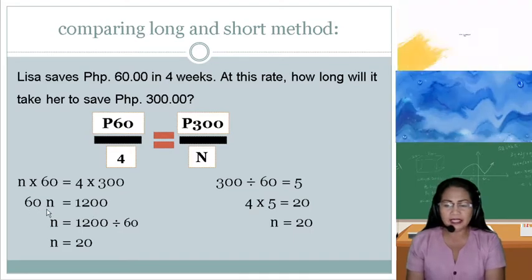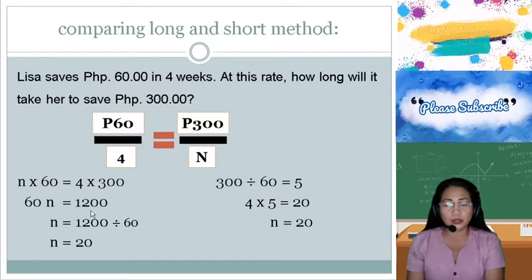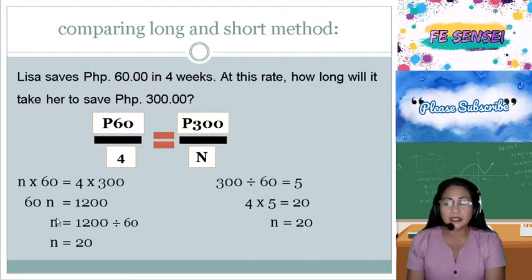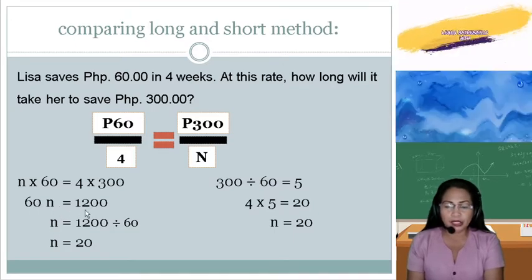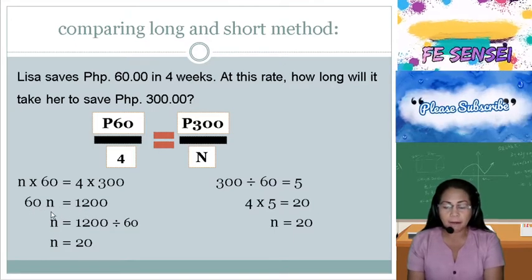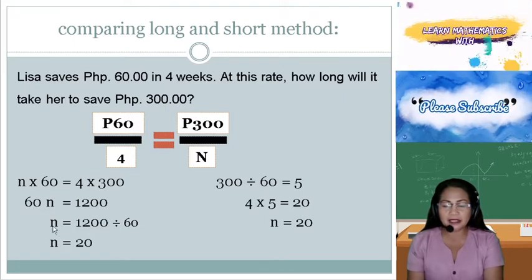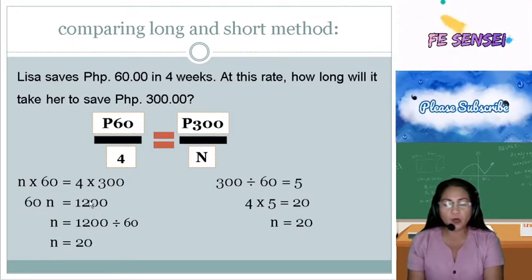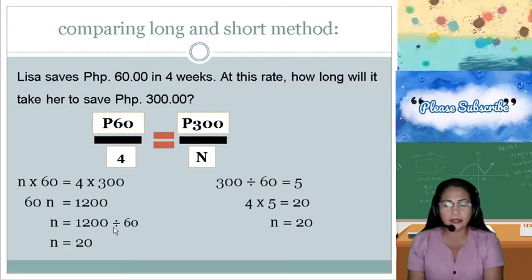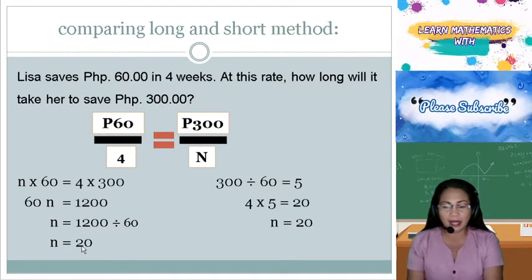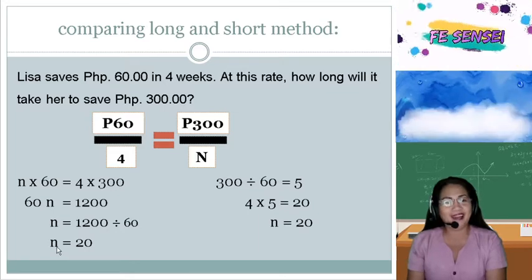For every 60n, we have 1,200 pesos. So, divide both by 60. So, 60n divided by 60 equals n. And 1,200 divided by 60 equals 20. So, our n is 20.